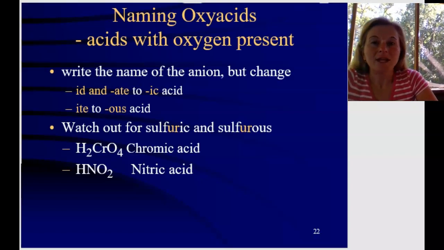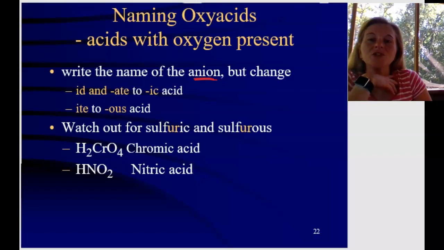Oxyacids are acids that have an oxygen present. So an oxygen is in the formula. We write the name of the anion, the second one, the one that's going to have the negative charge. But we change that "ate" ending to "ic" for an acid, and we change "ite" to "ous."